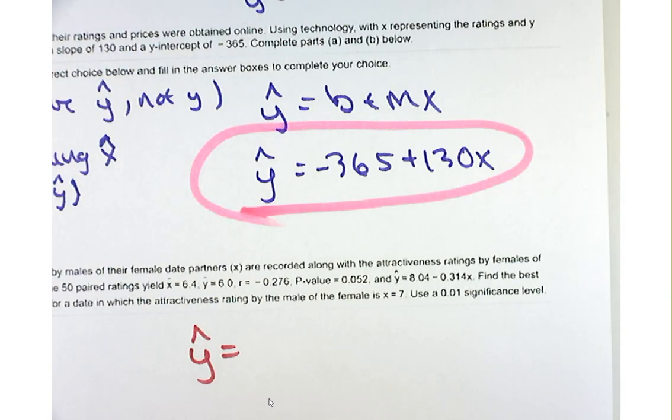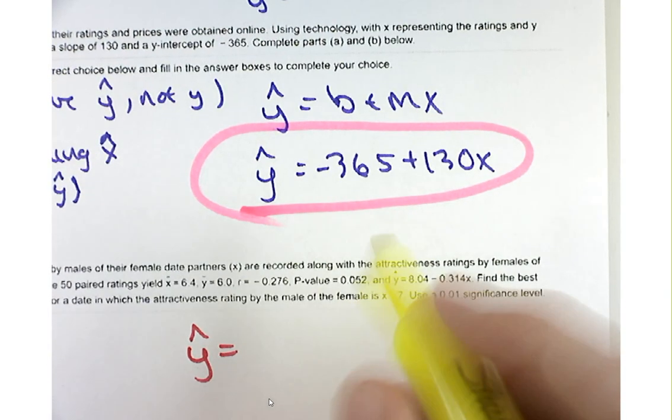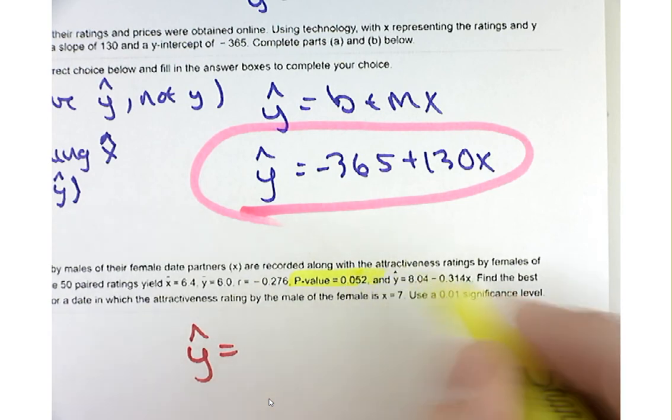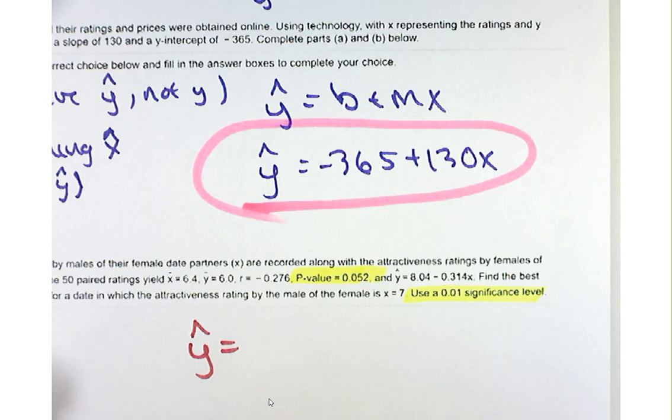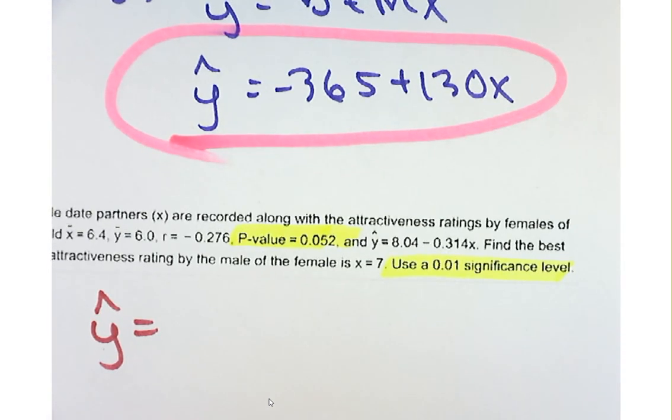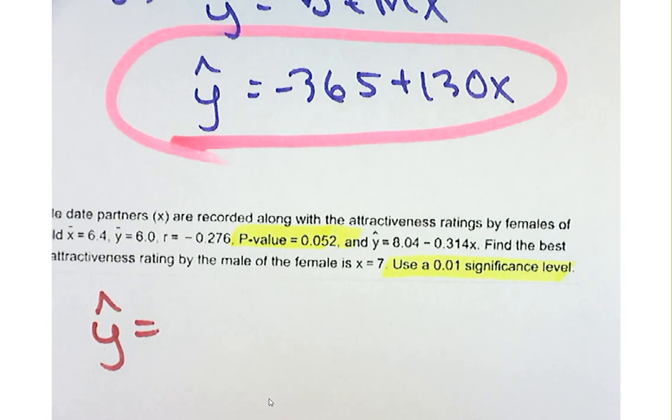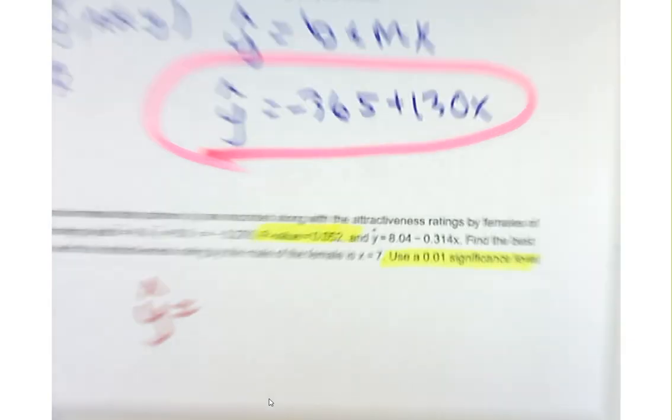The first number that we're going to need is the p-value. Second number we're going to need is the significance value. Between those two values, we can decide what we want to do with H naught. Are we going to reject H naught or fail to reject H naught? Fail to reject.